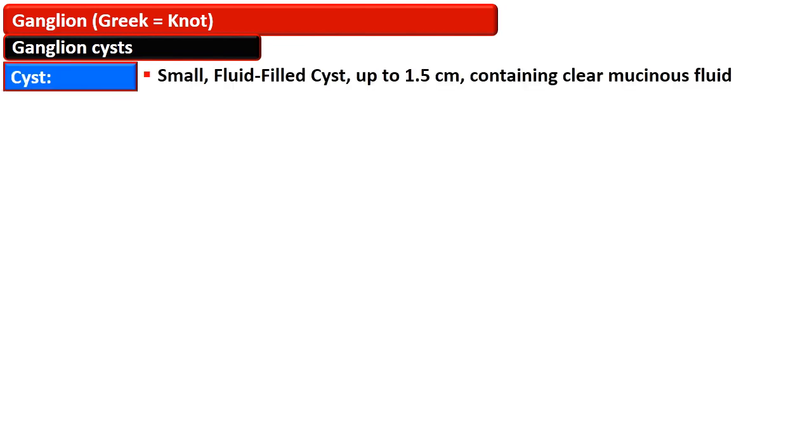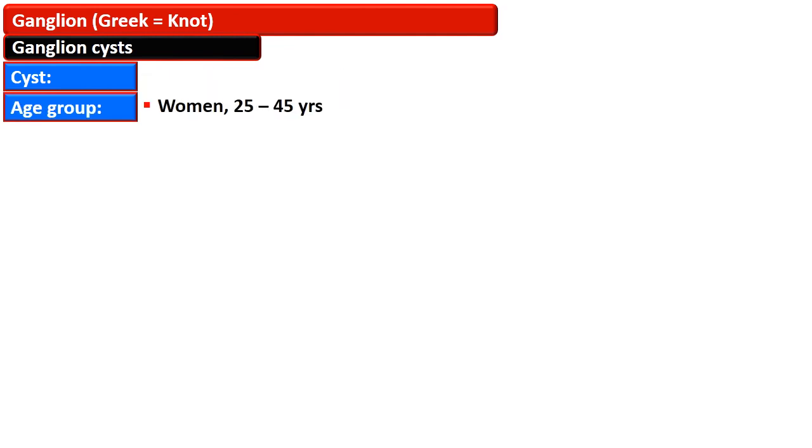The word ganglion is a Greek word and it means knot. Though it is named as ganglion cyst, it is unrelated to ganglia of the nervous system. The ganglion cyst is a small fluid-filled cyst up to 1.5 centimeter and it contains clear mucinous fluid.